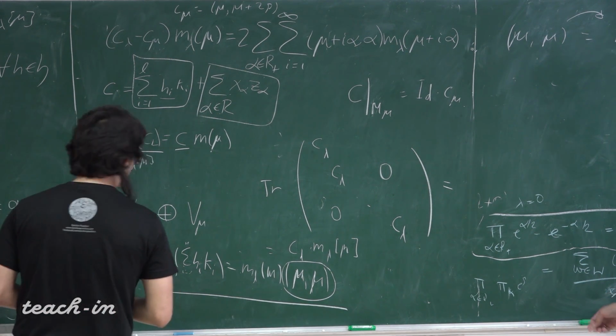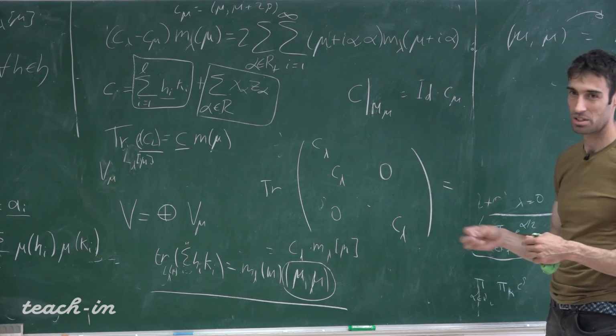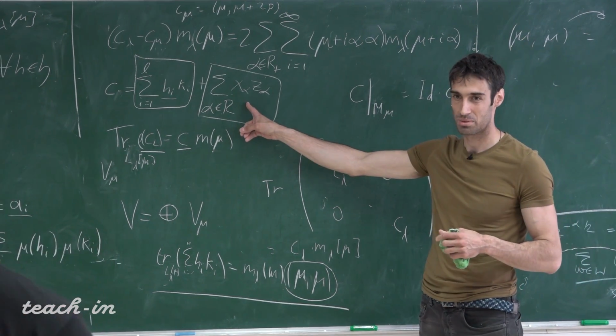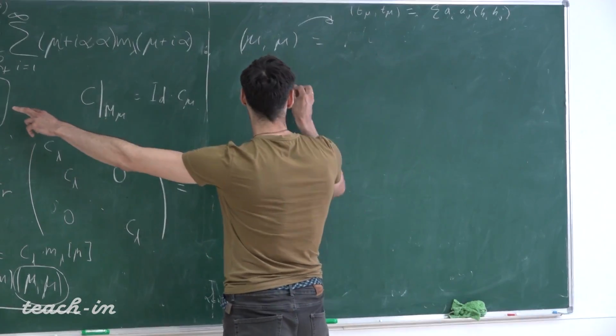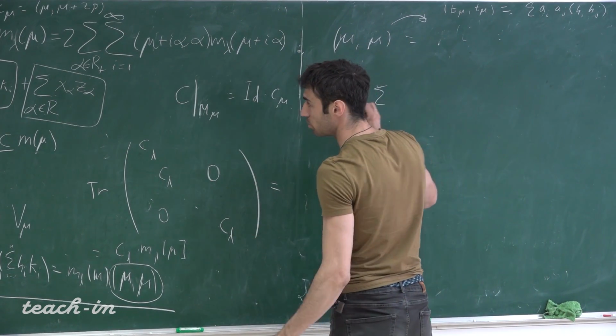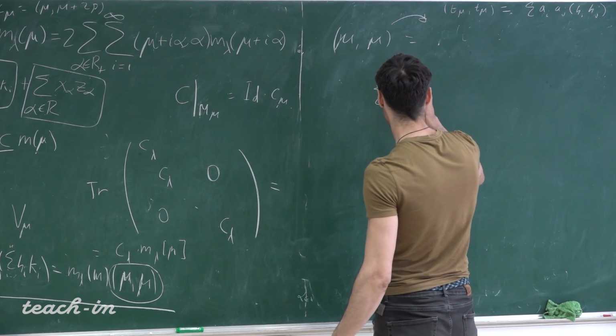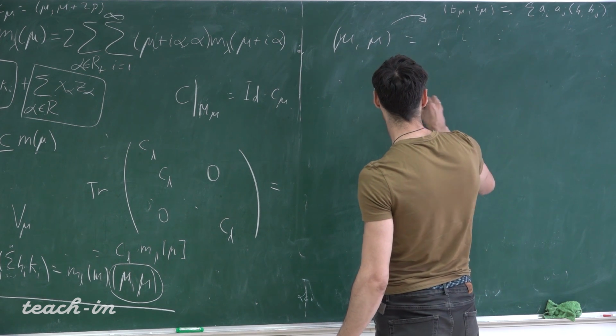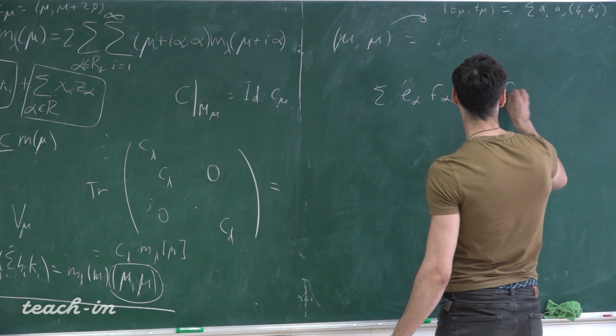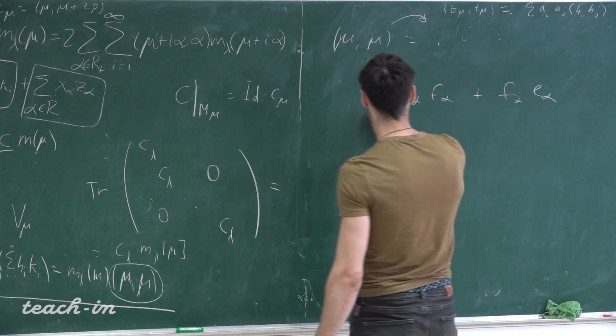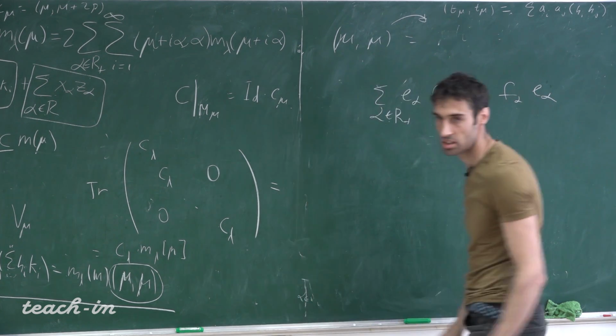So let me, okay, thank you very much. Yes. So let me maybe just give you an idea how this one works. So in our notation, what we are more used to, it is E alpha F alpha plus F alpha E alpha if I sum over positive roots.